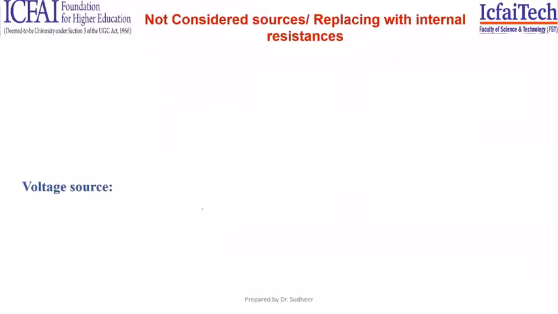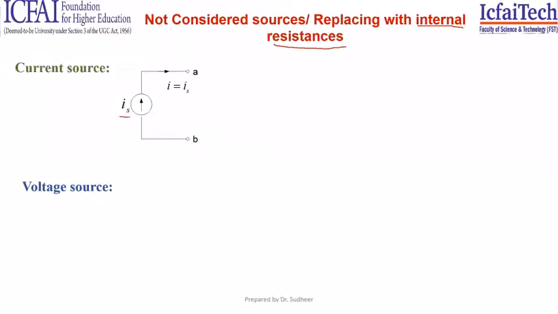Now, whenever you want to consider only one voltage source, we have to replace all the other voltage sources or current sources with their internal resistances. Remember, we have to replace only independent voltage sources or current sources. Let us take the current source first.